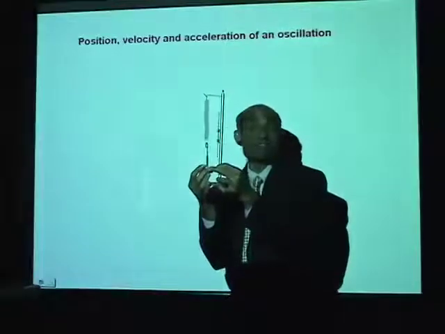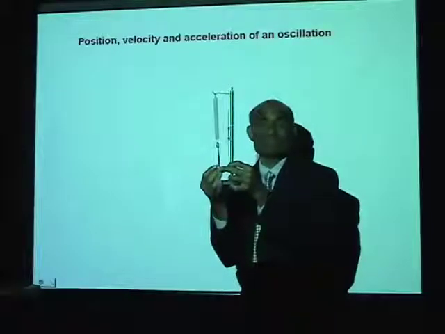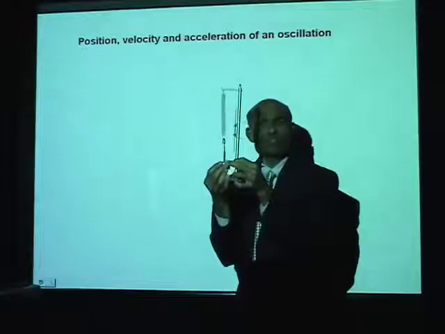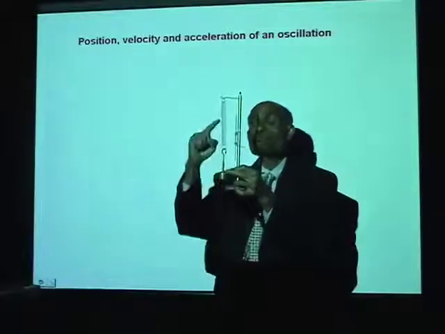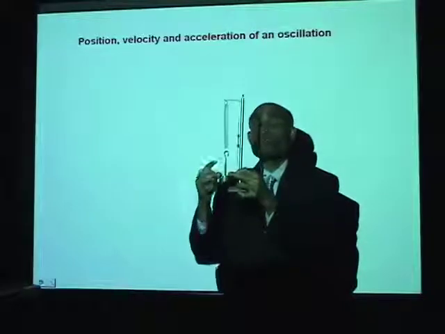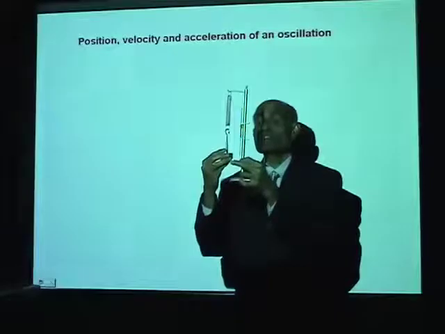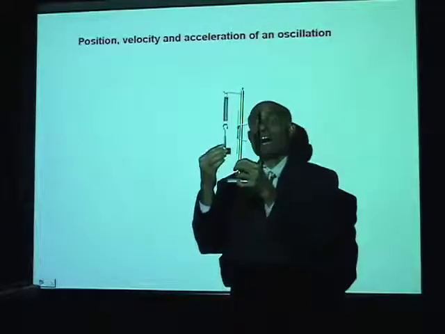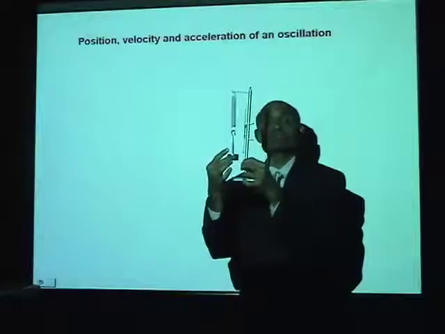Now, anything subjected to a net force will accelerate. Right? And where will the acceleration be maximum? The acceleration will be maximum where the stretch of the spring is maximum or the compression is maximum. So the acceleration is maximum at the two extreme positions. And the acceleration is zero at the equilibrium position.